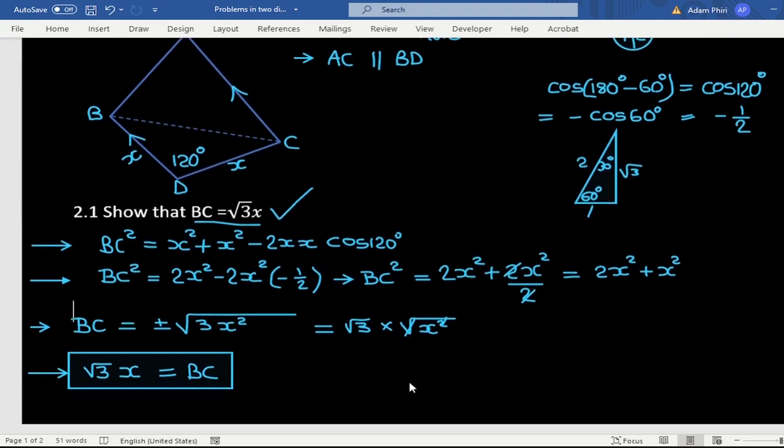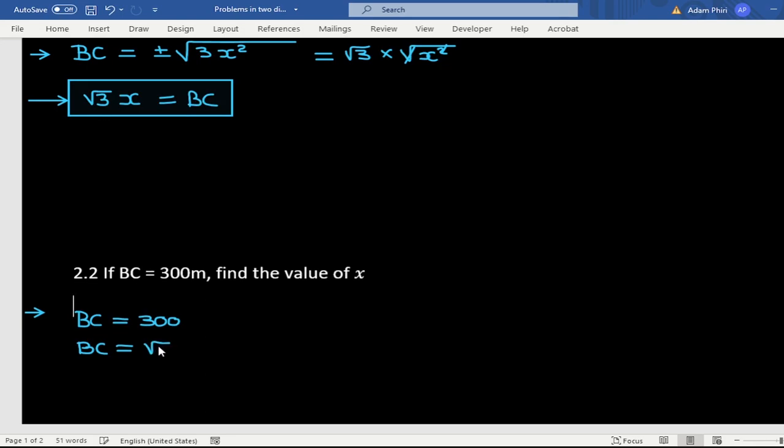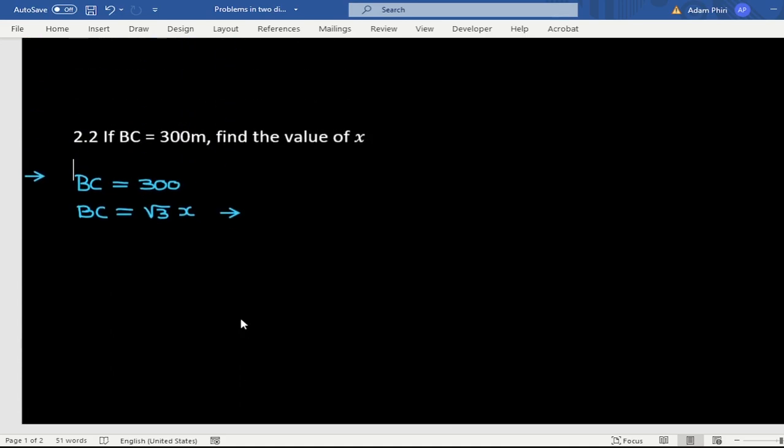The next question would be that we have BC given as 300 meters, and then we know that BC is equivalent to root 3x. We are required to solve for x, so we substitute BC with 300.